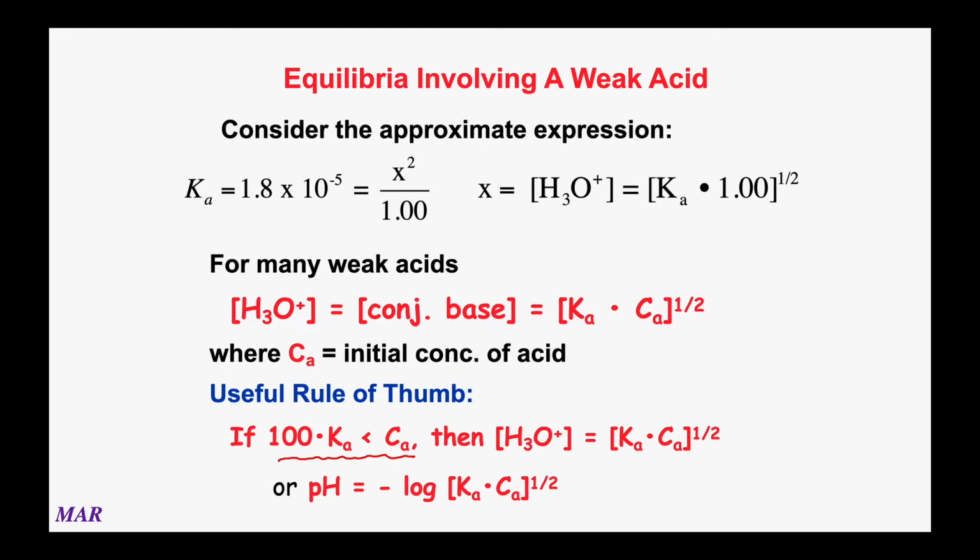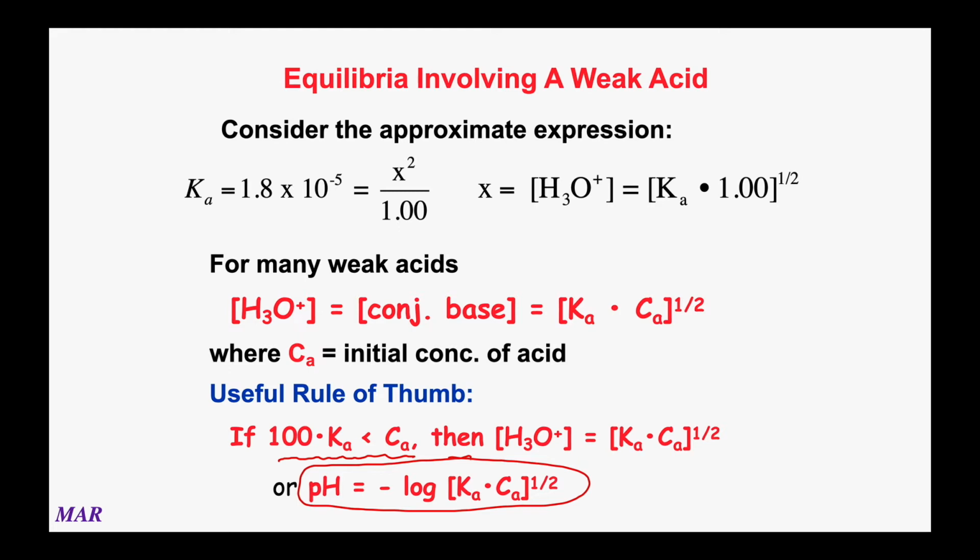Now, remembering that hydronium is related to pH, minus log of hydronium equals pH. pH equals minus log square root Ka times Ca. That is the ultimate way, most of the time, to find the pH of a weak acid. You must have 100 times Ka less than Ca for this to work.